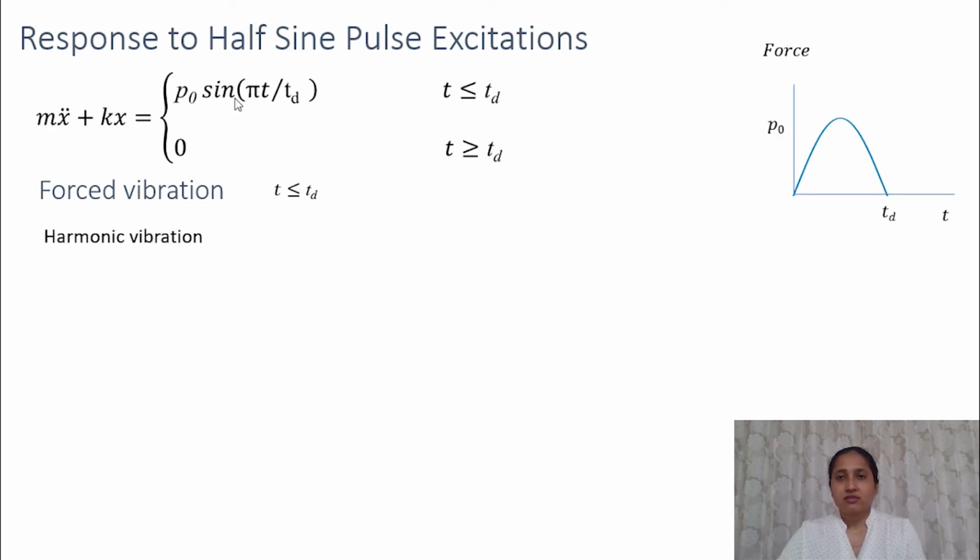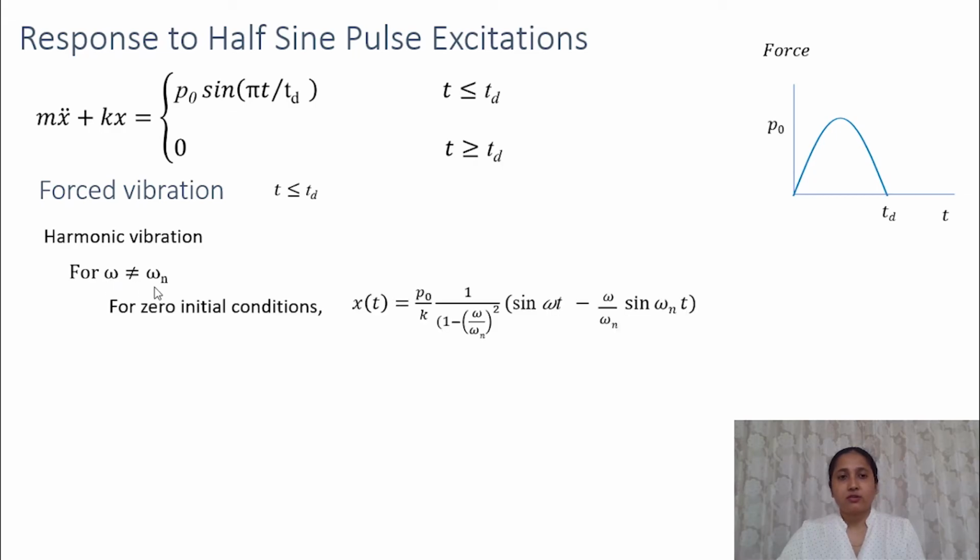So since it is a harmonic force, the system is under harmonic vibration and we know the response of harmonic vibration. So when omega, that is the forcing frequency, is not equal to omega n, then we know the expression for the displacement response for harmonic vibrations.